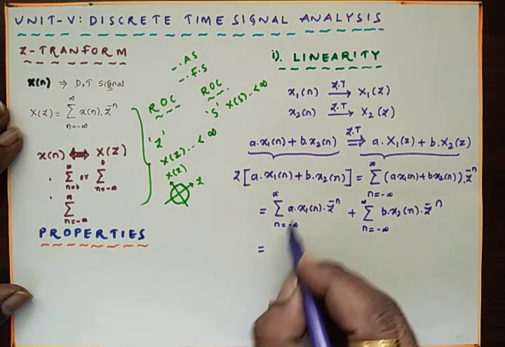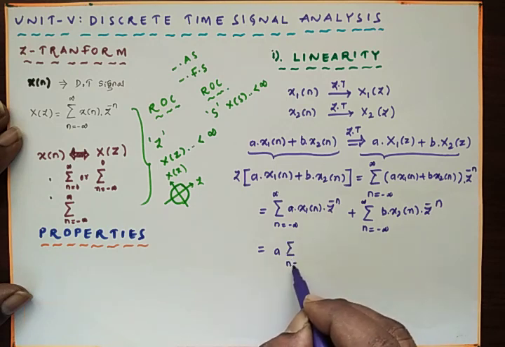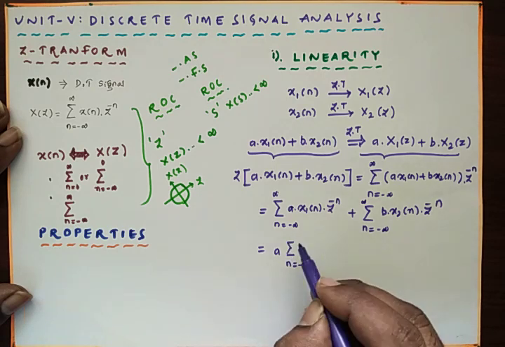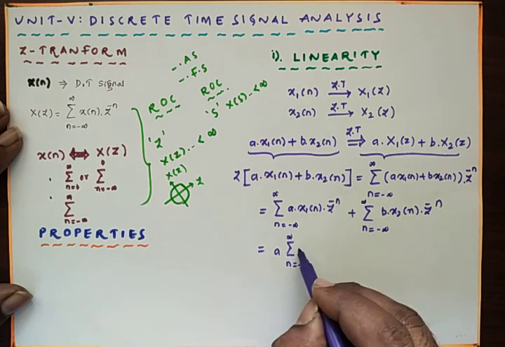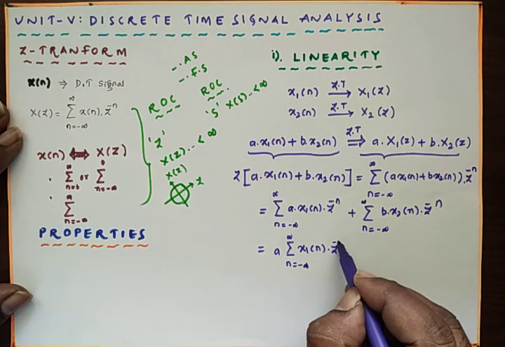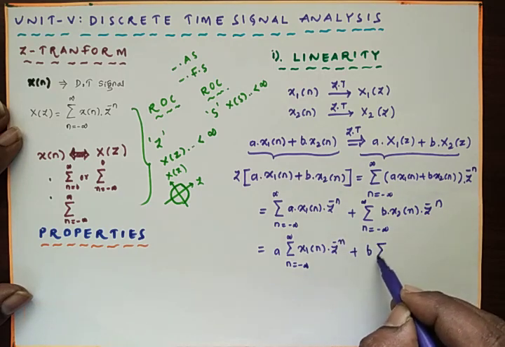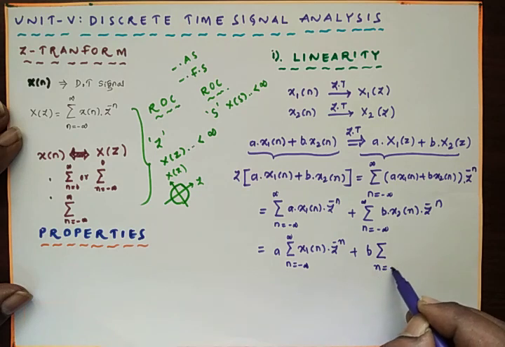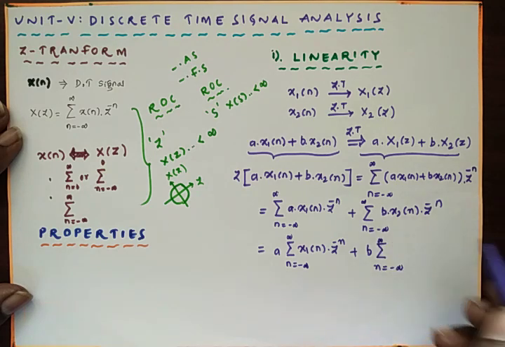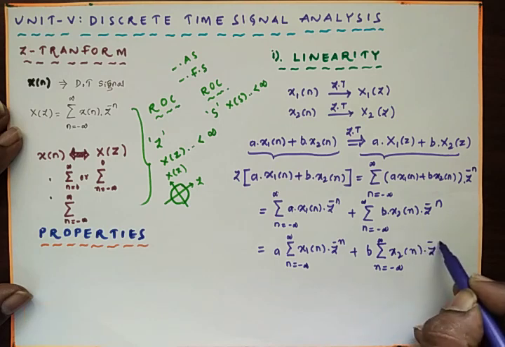Then I can take a outside the summation, that is a into sigma n equals minus infinity to plus infinity x1 of n into z to the power of minus n, plus I can take b outside, b into sigma n equals minus infinity to plus infinity x2 of n into z to the power of minus n.